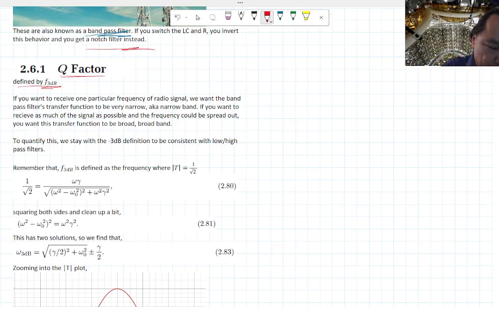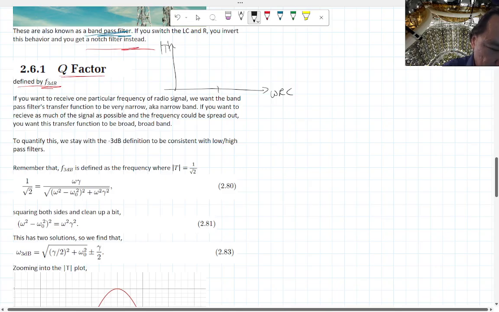Remember that for, let's say, a low pass filter, I'm going to draw the axes in black. You have the transfer function magnitude, and you have some frequency in terms of omega RC or something like that.